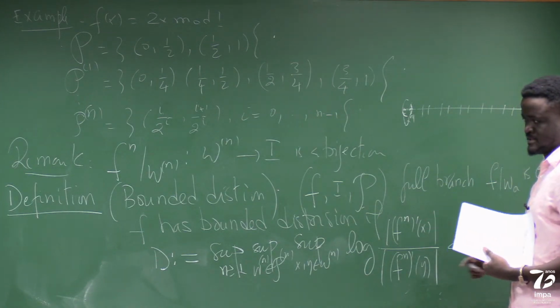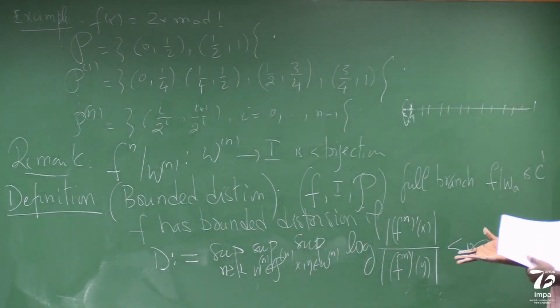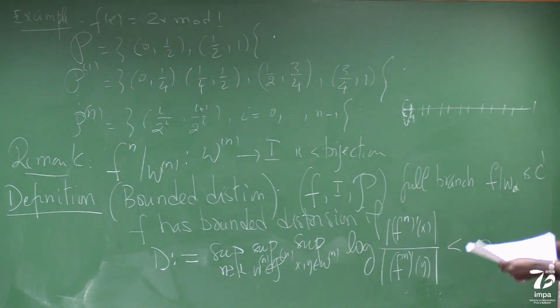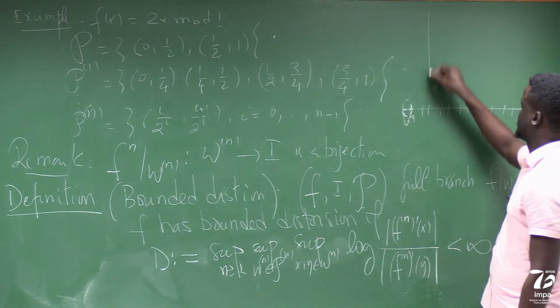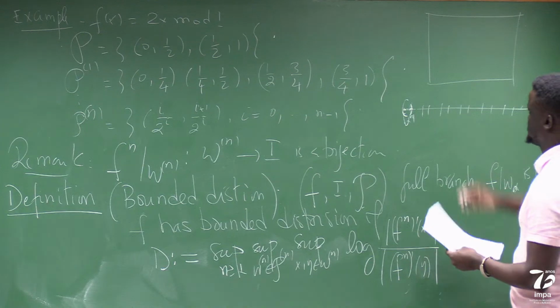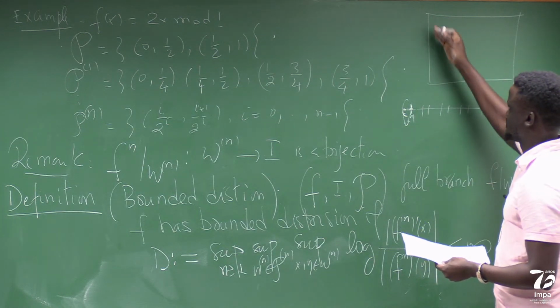A way to fail this condition is if you have infinite derivative, like on the boundaries of these omega n, of these partition elements, the derivative is infinite, okay? The Gauss map looks crazy, because here you have infinite derivative near 0.